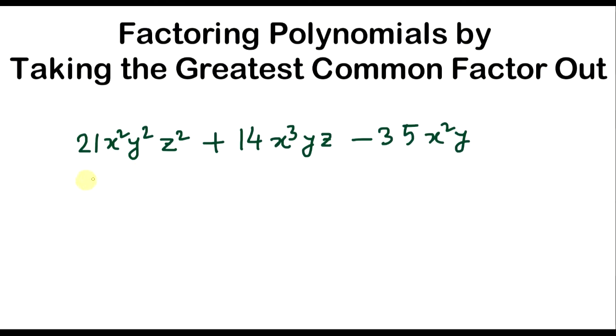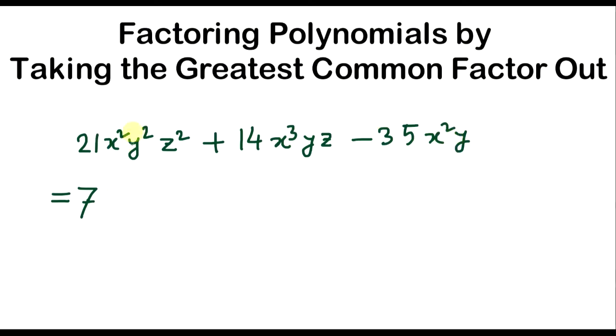We have another polynomial here. It's a trinomial, and let's take the GCF of the numbers first. We have 21, 14 and 35. If you take the GCF, you will get 7. And here we have x, here also we have x, here also we have x.